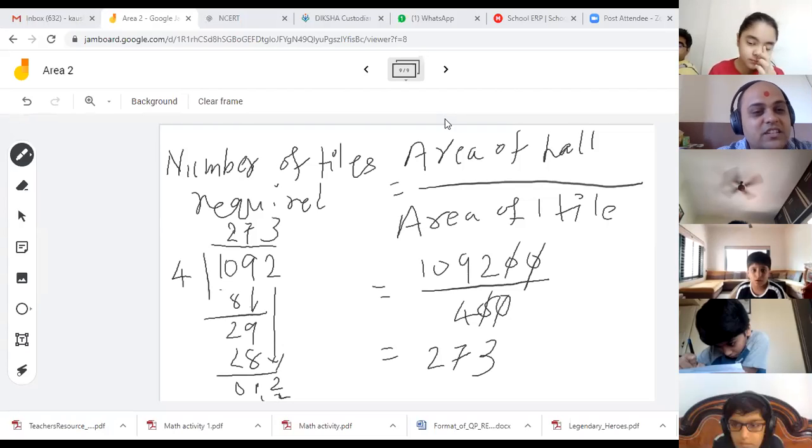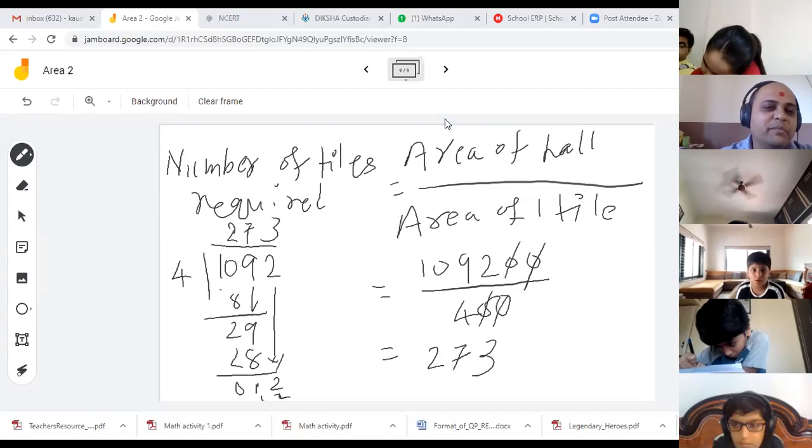The final answer is total number of tiles. If you want to note it down, I can go slow. Total number of tiles required to cover the floor is 273.